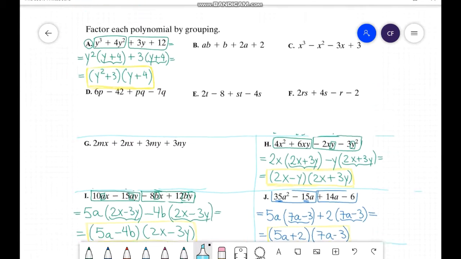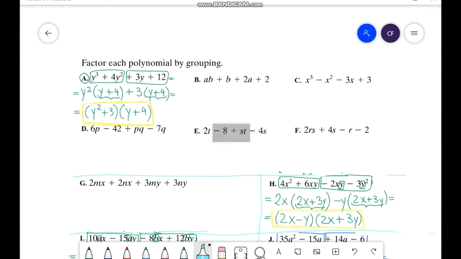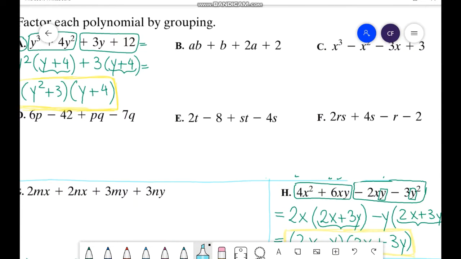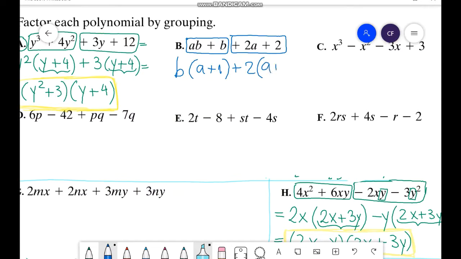B, yes, sure. Working here on B. Split in 2 pairs, and then you can factor out on the first one B, a plus 1, plus 2 times a plus 1.